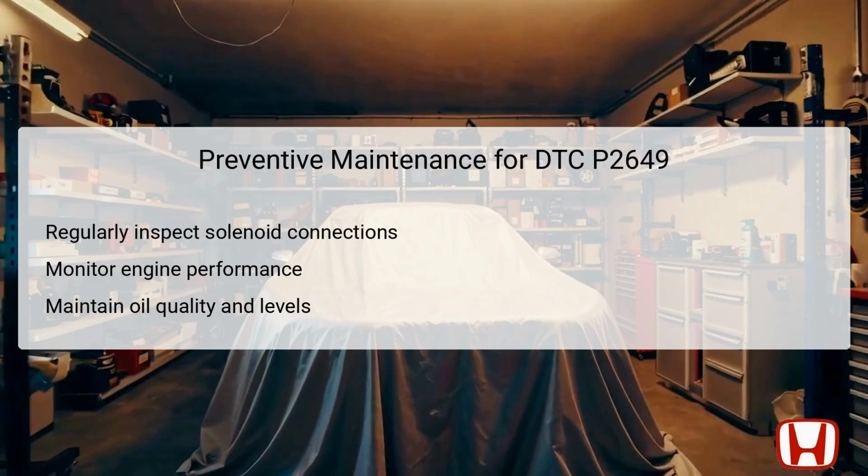Any irregularities should prompt further investigation. Additionally, maintaining the engine oil quality and levels is essential, as poor oil quality can affect solenoid function and overall engine performance. Consistent preventive measures contribute to durability and reliability in Honda Civics.